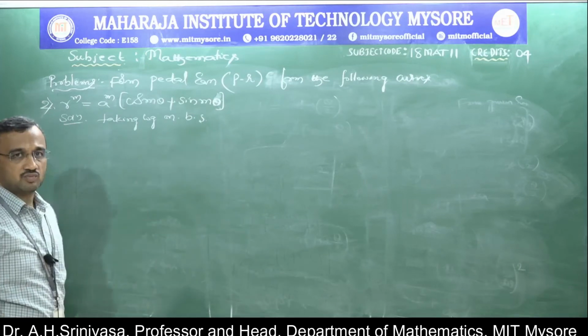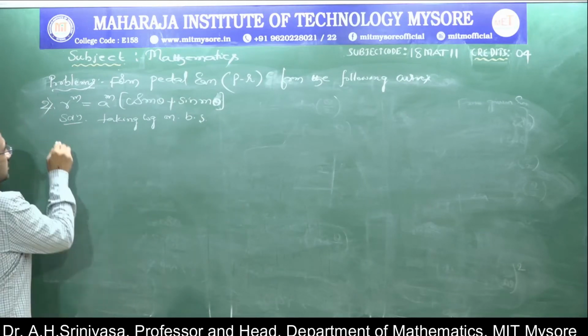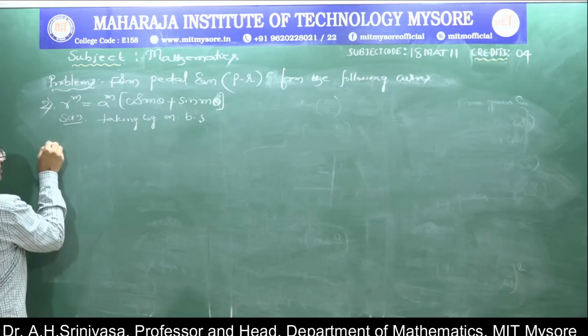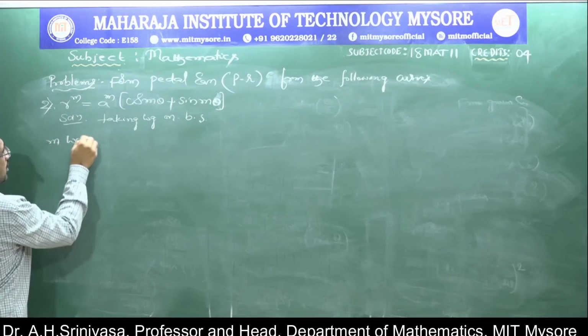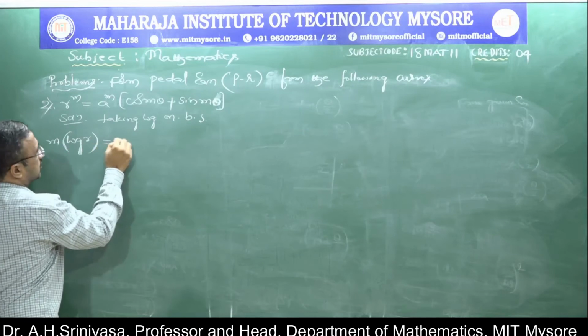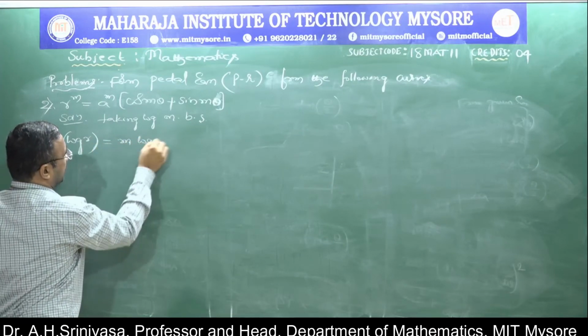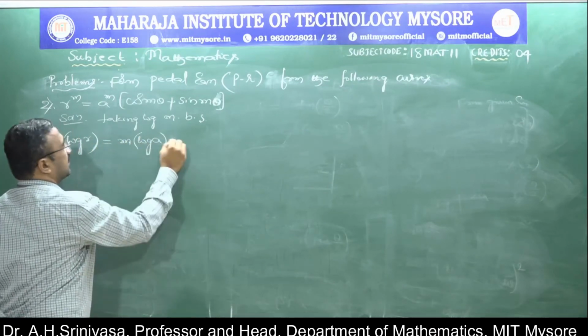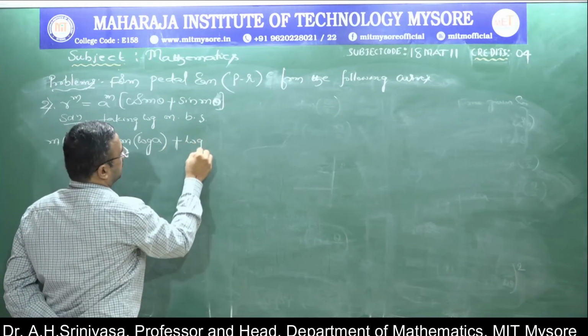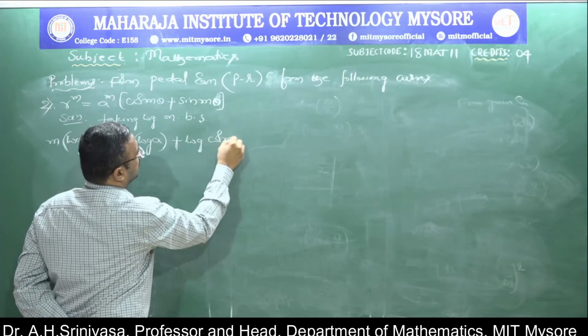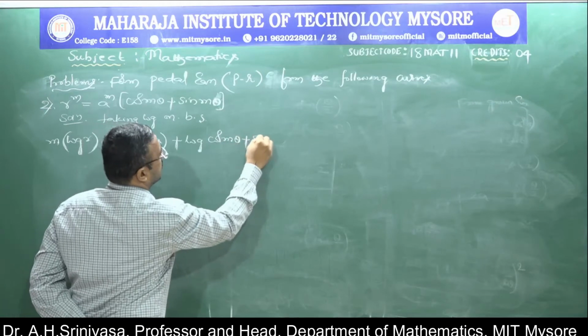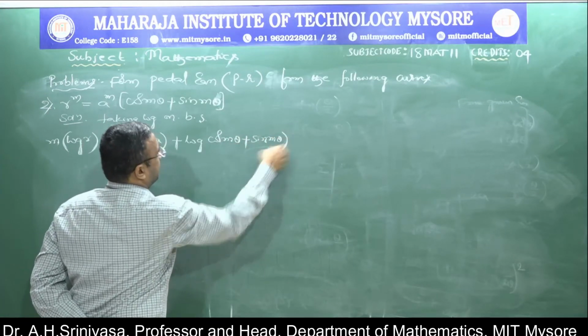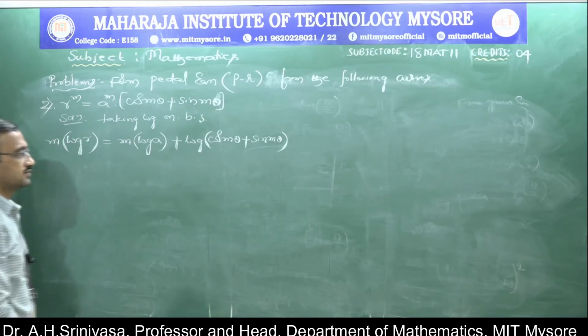First we are taking the log on both sides. So now I am going to write it directly. m into log r will be obtained, equal to m into log a plus the logarithm of cos m theta plus sin m theta. This is the equation we obtain.